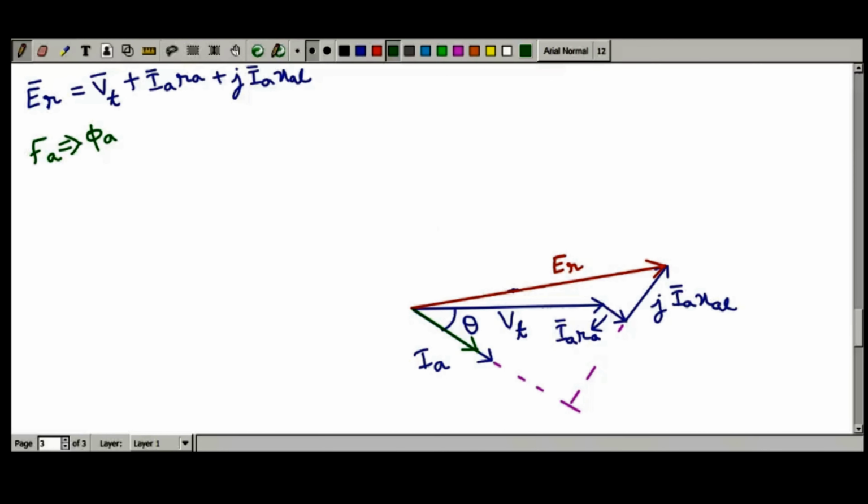So if this is our armature flux phi A, the induced EMF due to this is going to lag by 90 degrees, means like this. Let me show it over here.